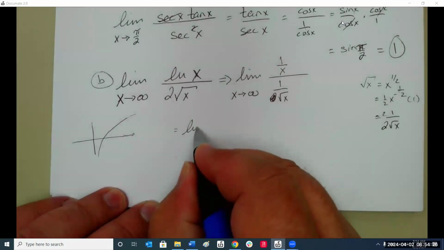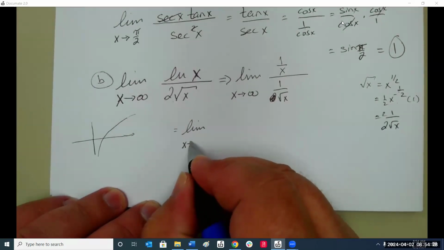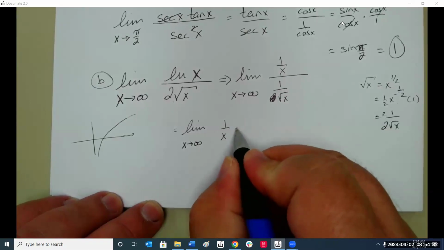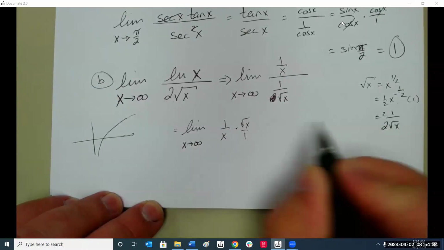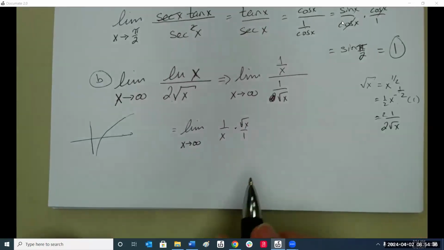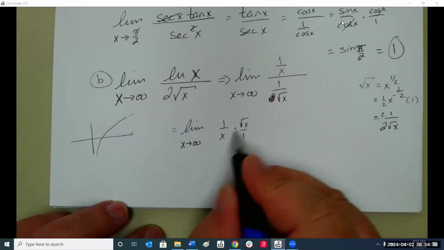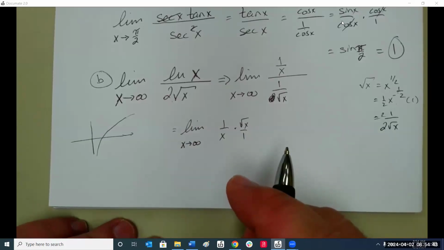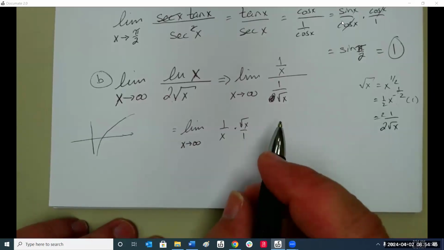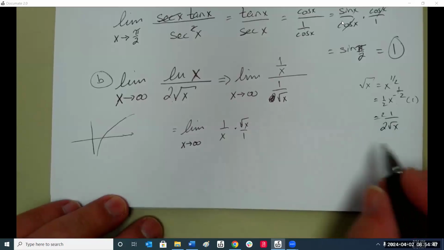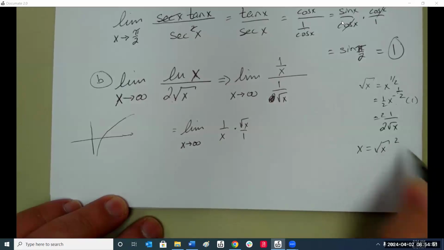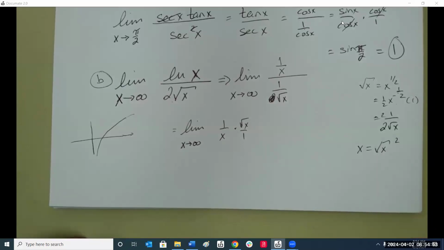Let's fix that up. So we have the top, flip the bottom. Square root of x divided by x is what? Well, first off, x is the same thing as the square root of x squared, right?